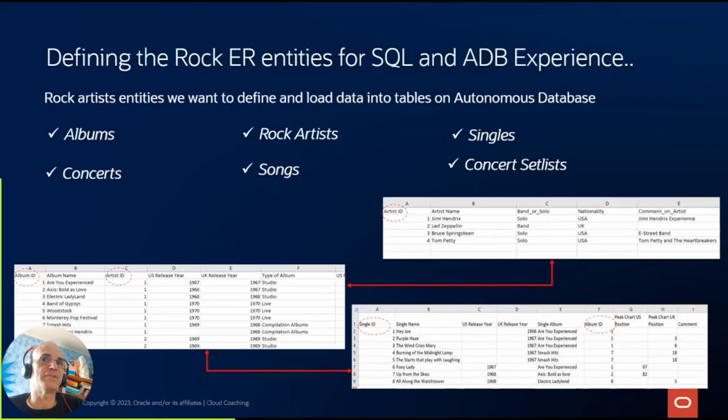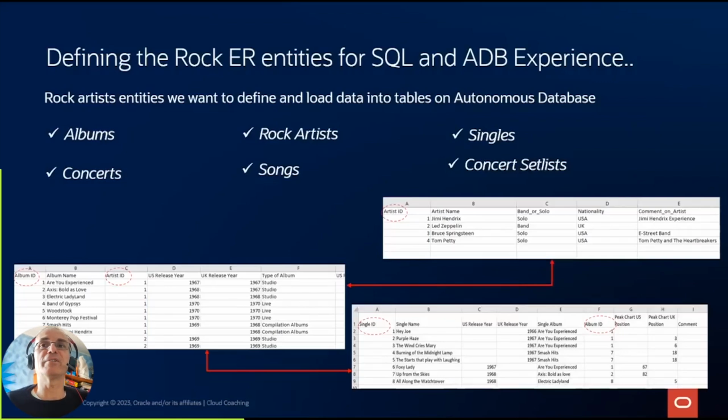But I also added, especially in the singles and the albums entities, two more reference attributes. For example, for the albums, I also collected the artist ID referencing the artist to which the album belongs, and of course the same for the singles.